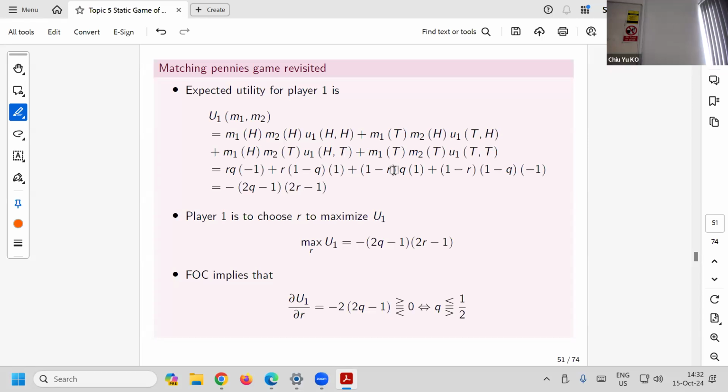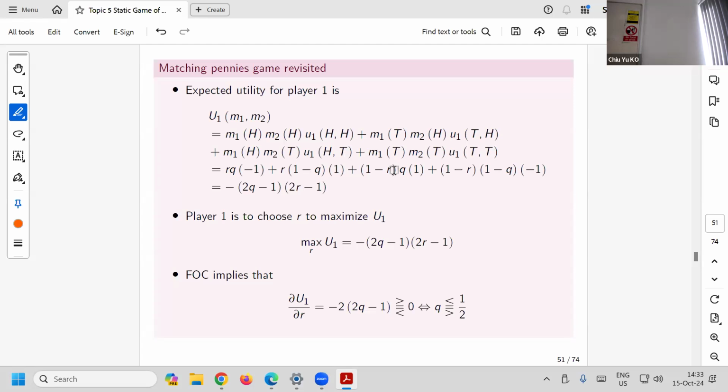But the best response cannot be found this way because you can't solve for R. Remember, you want to find the maximum R, and this expression has no R. Then what's the maximum R here? Nothing you can do. In particular, if Q equals 1/2, this is 0, so no matter what R you choose, there's no difference.